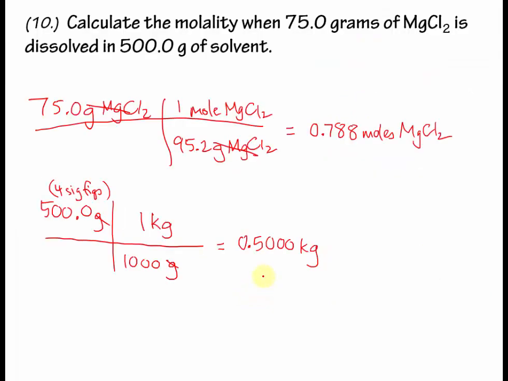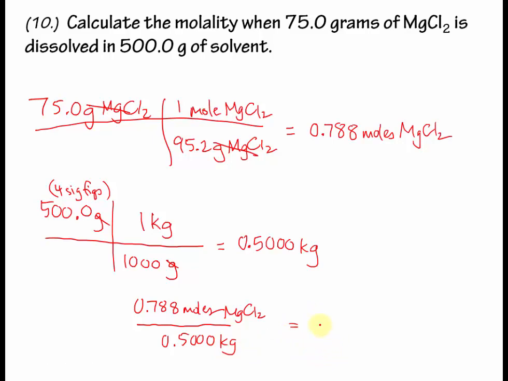So let's set that up for our final step. 0.788 moles divided by, and I'm going to put my solute on there, divided by kilograms, 0.5, half a kilogram of solvent. Moles over kilograms, and again, punch this in my calculator.